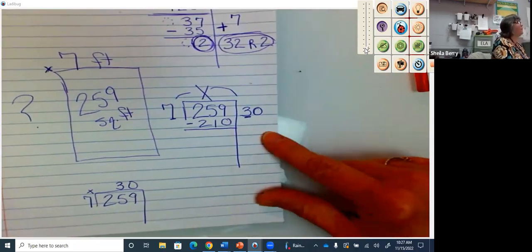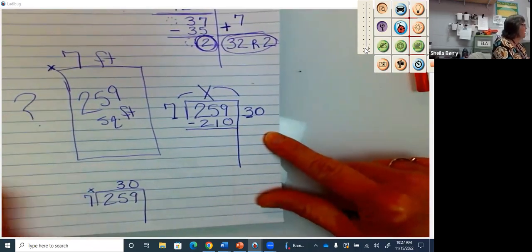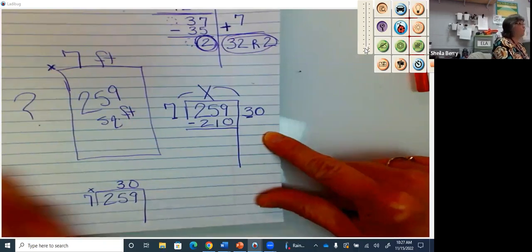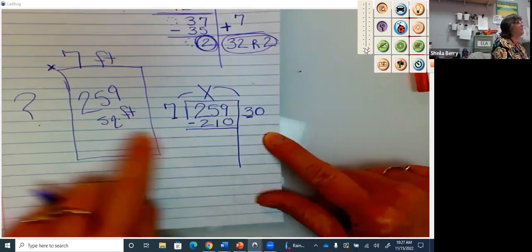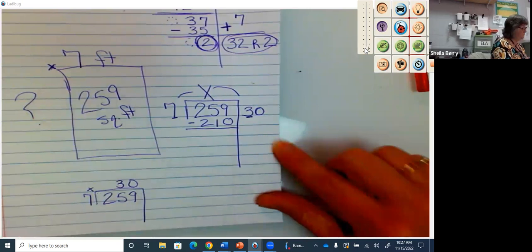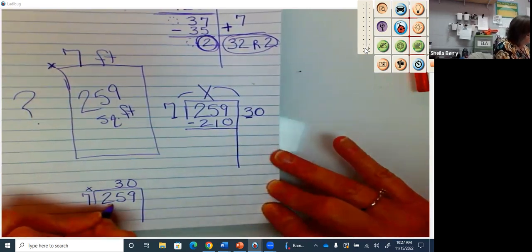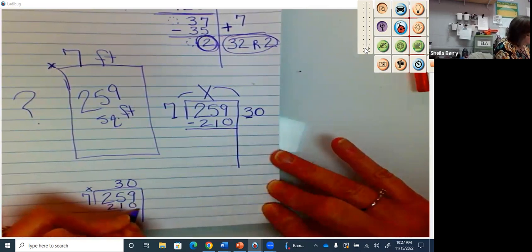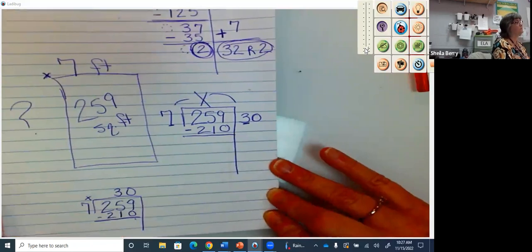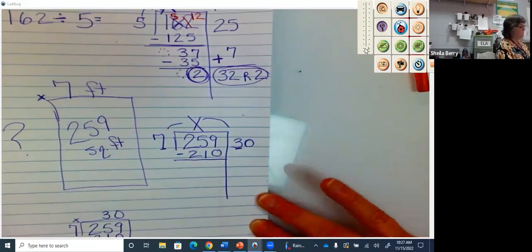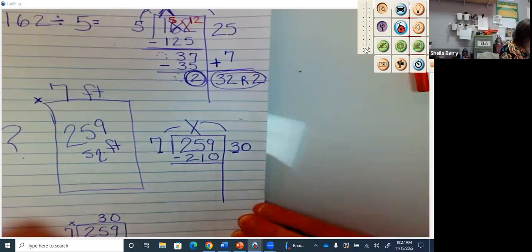We are figuring out this other side of the rug. In order to do that, we have to divide the area by what's given.